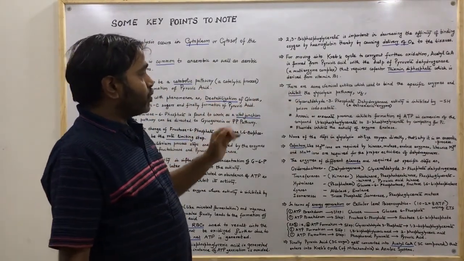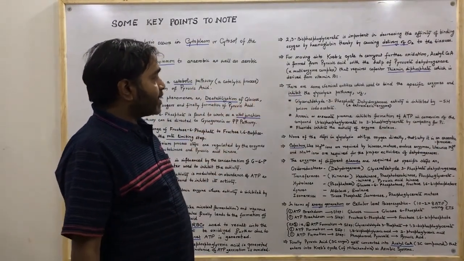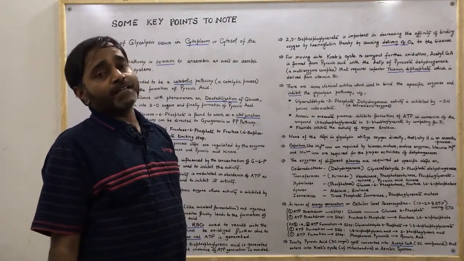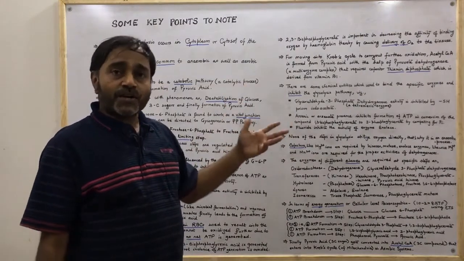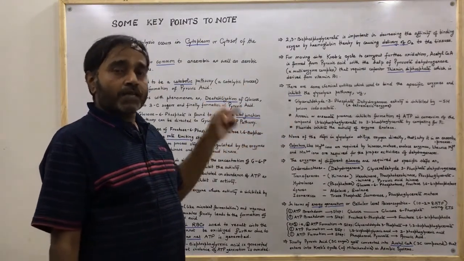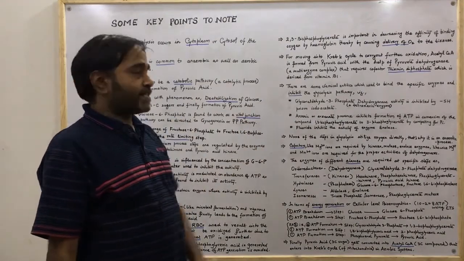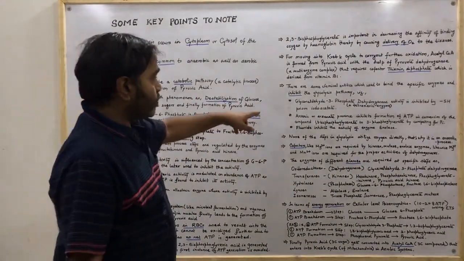So this is important to know, and this enzyme, glyceraldehyde 3-phosphate dehydrogenase, is a tetrameric enzyme. That enzyme has the function in conversion of glyceraldehyde 3-phosphate into 1,3-bisphosphoglyceric acid. So this is important to note.